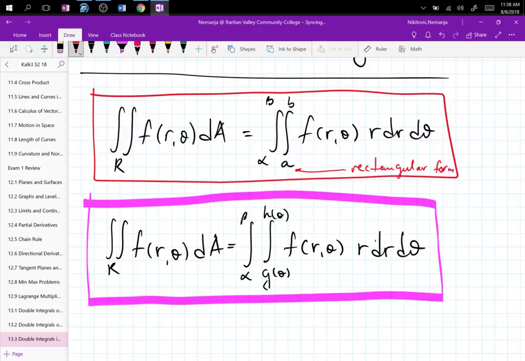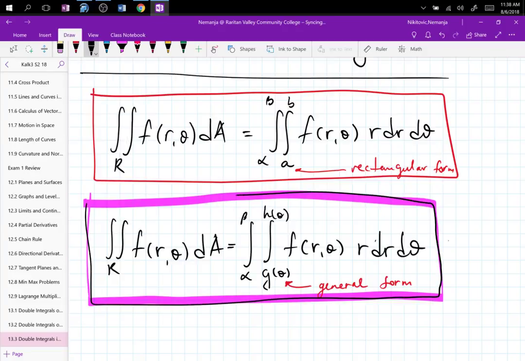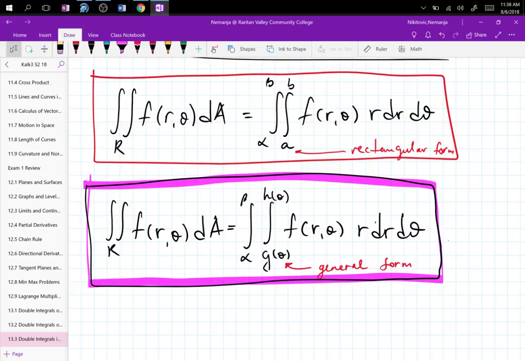So now I'm going to point into these, good effort, and say general form. Clearly the general form will be used more than the others. Maybe I can box it also. So now we have rectangular integrals and we have the polar integrals.